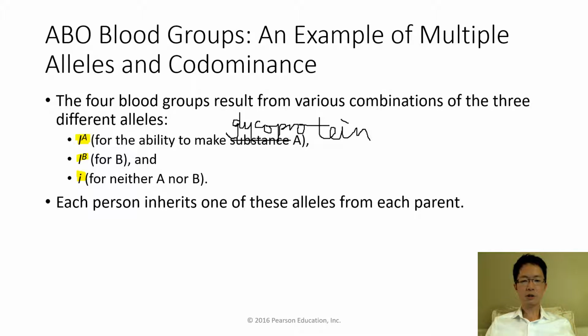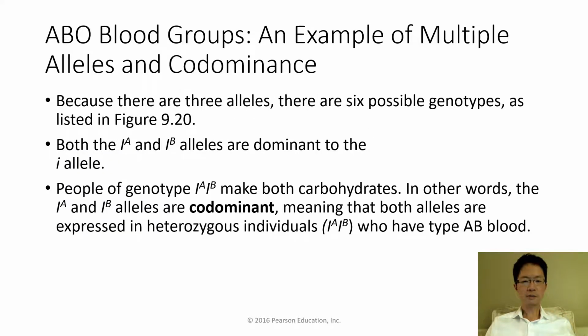So let's take a look at the, oh, not yet. So it says that we have 3 alleles. That means 6 possible genotypes. We'll show you all possible genotypes in the table. So as I said, IA and IB are dominant. Small i is the recessive.